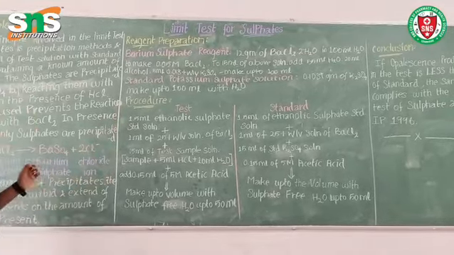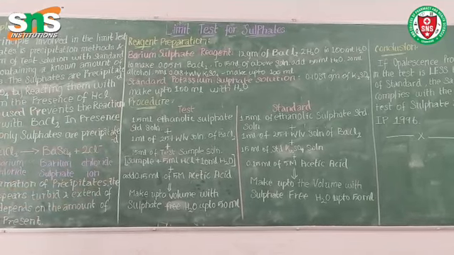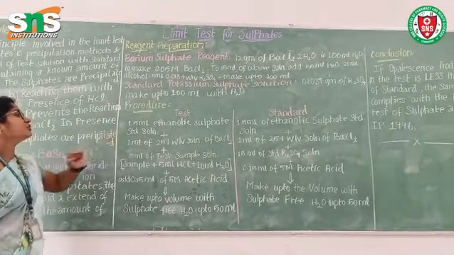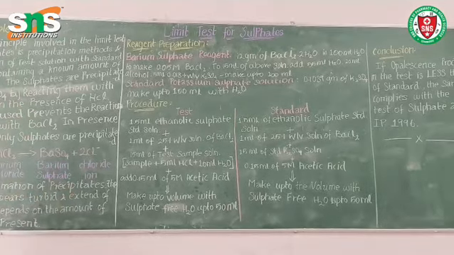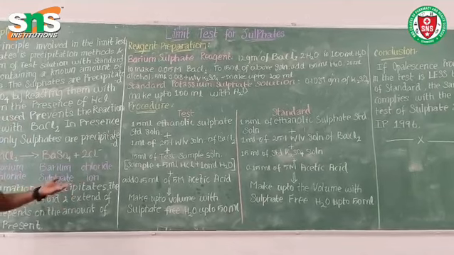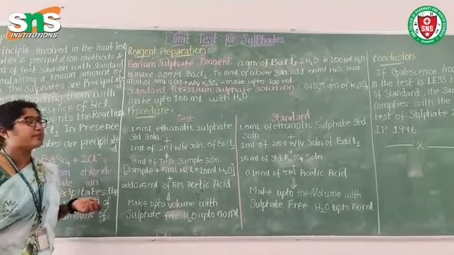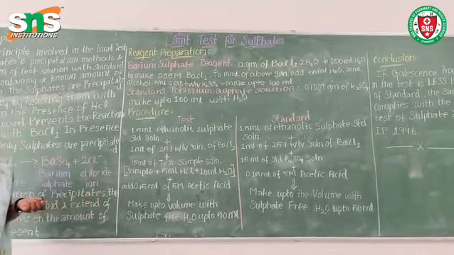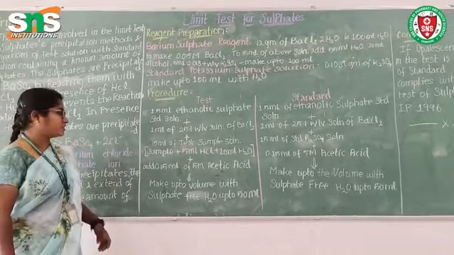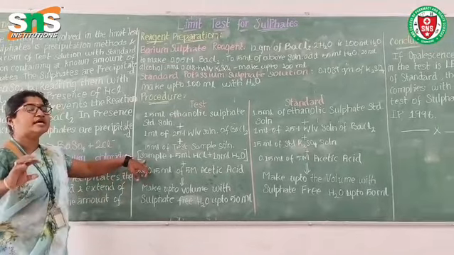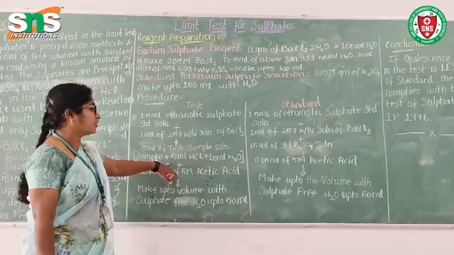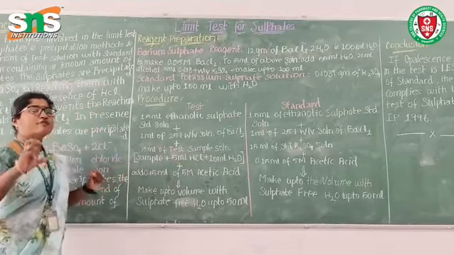Next, coming to the procedure. For the test, we should take 1.5 ml of ethanolic sulphate standard solution, next 1 ml of 25% solution of barium chloride, and next 15 ml of test sample solution. Here test sample solution means, in another beaker, we should take the sample, 5 ml of hydrochloric acid and 10 ml of water.